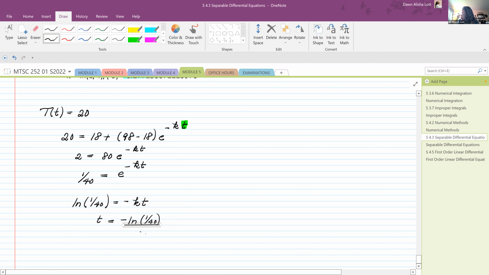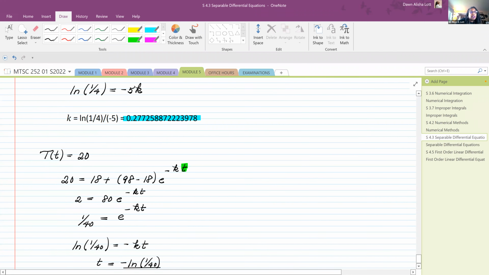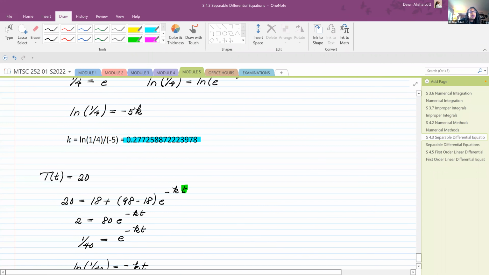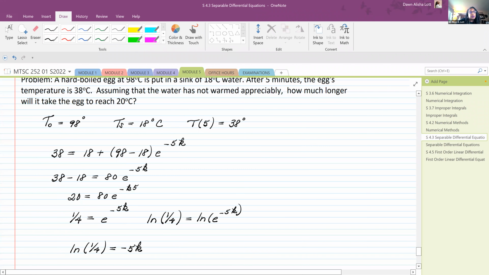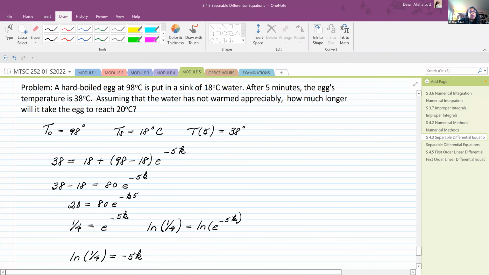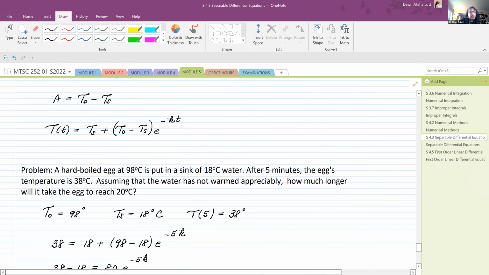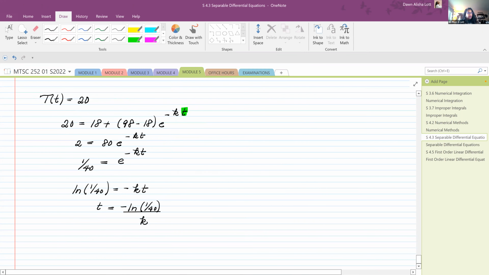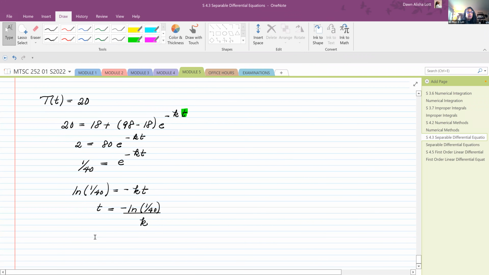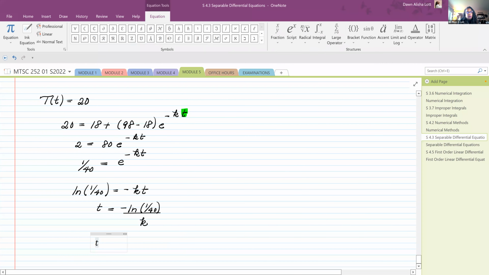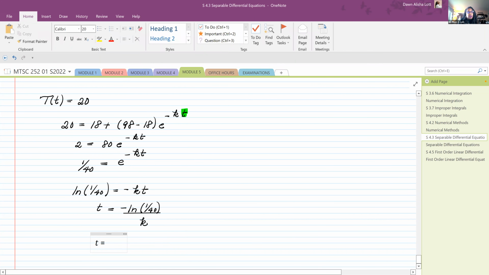And I really just want to go back and double check that I put everything in right. So we said 20 was the temperature. 18 was the surrounding medium, T naught. So that is correct. Okay, so what is this T? T is going to equal negative natural log of 1 over 40 divided by the K that we found.